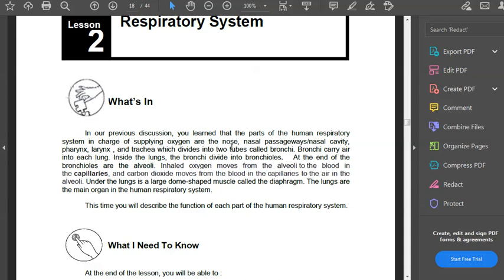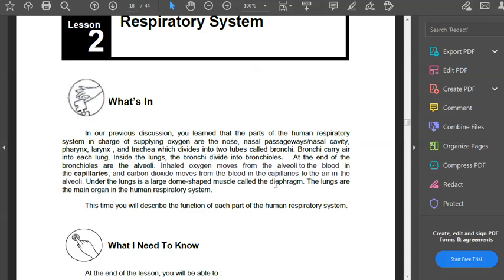And again, it will divide into two tubes called the bronchi, and the bronchi will carry the air into each lung. Inside the lungs, the bronchi will be divided into bronchioles. And at the end of the bronchioles are called the alveoli.